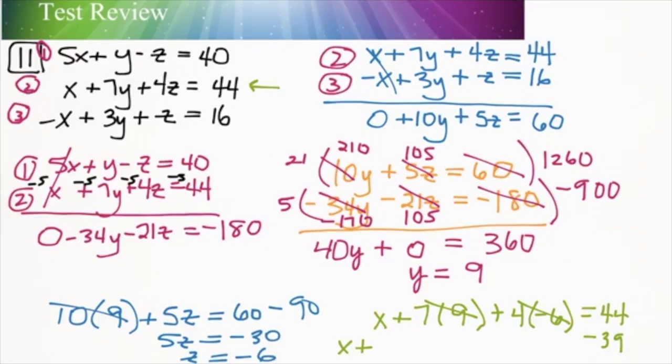So if I subtract 39 over on the other side, I will get x equals 5. Okay, so my final answer is going to be 5, comma 9, comma negative 6.